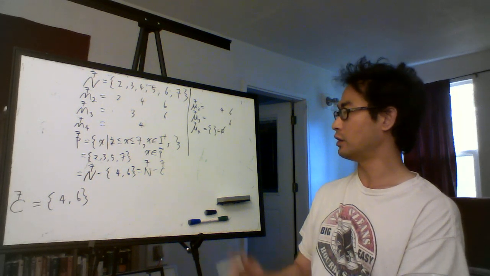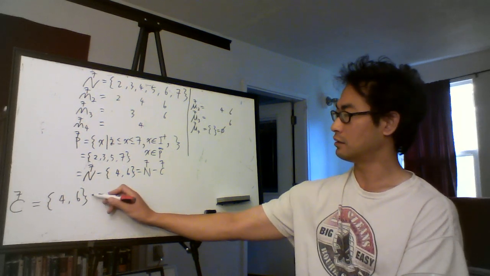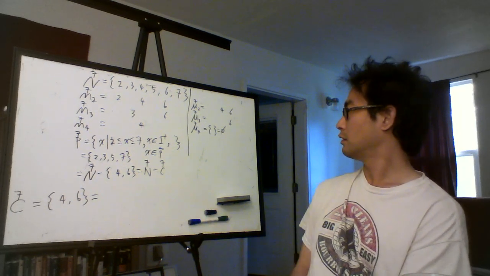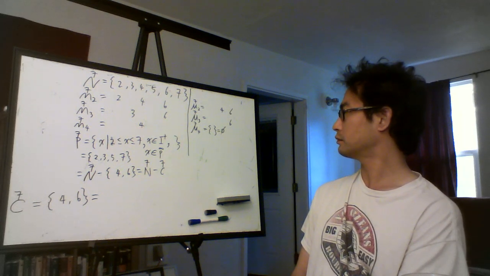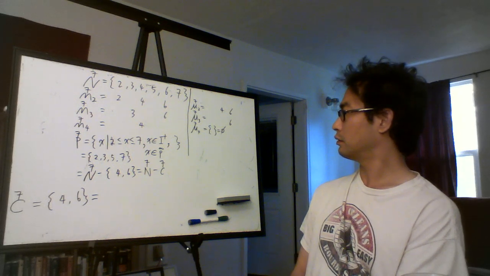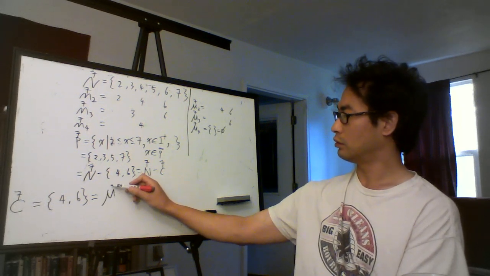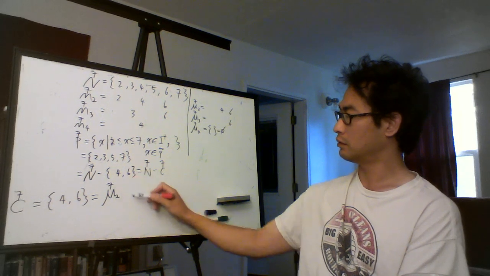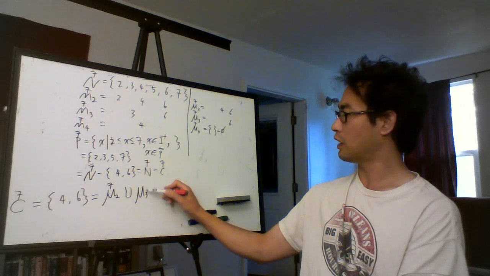So in this particular example, it is mu2 top 7 union mu3 top 7.